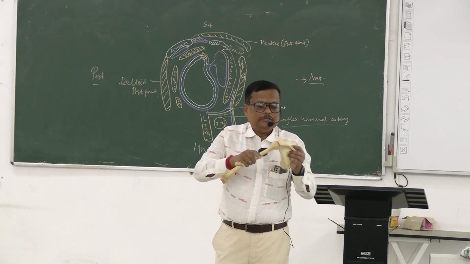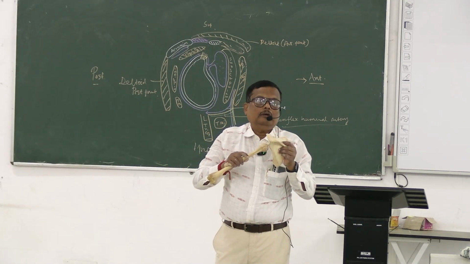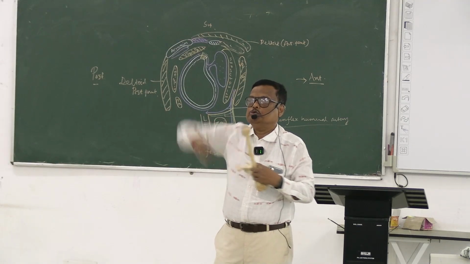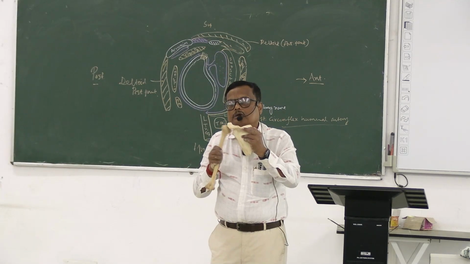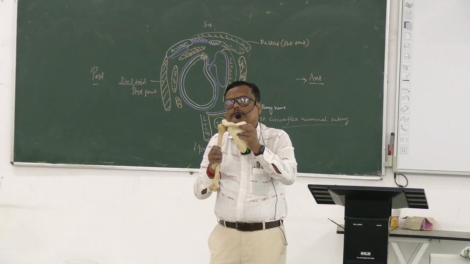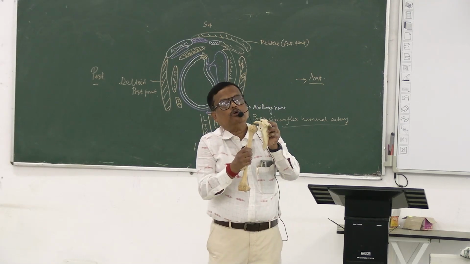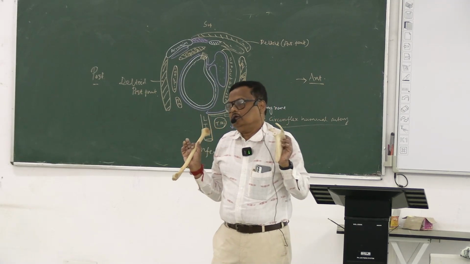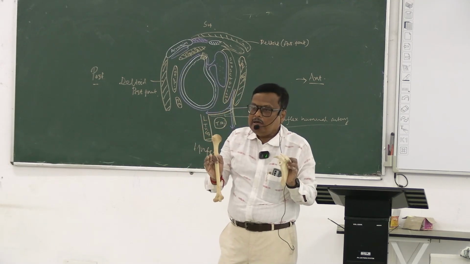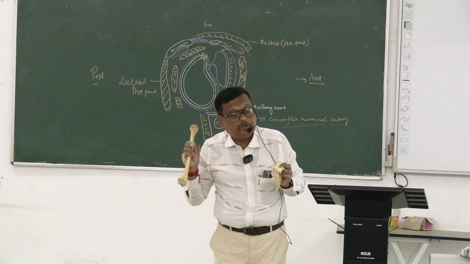What I have told, this inferior dislocation position is very uncommon, an awkward position, the hand will stay like this. So ultimately, the humerus curves either under the coracoid process anteriorly or under the clavicle. Ultimately, it becomes anterior. But initially, the dislocation is inferior.